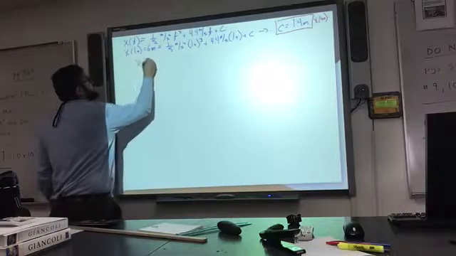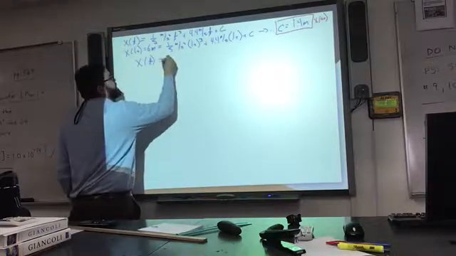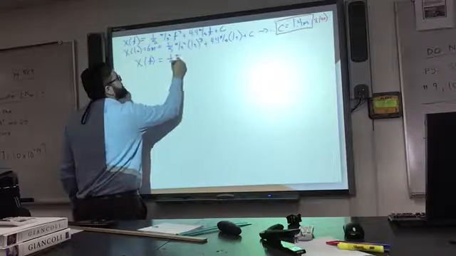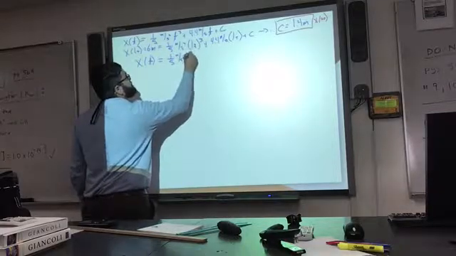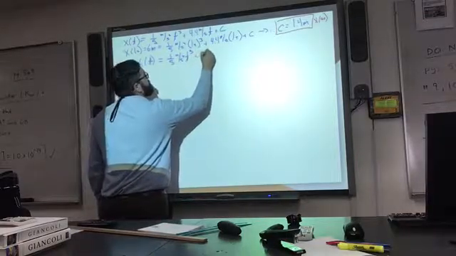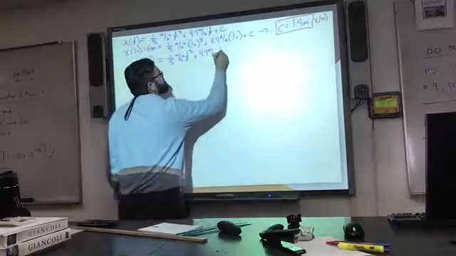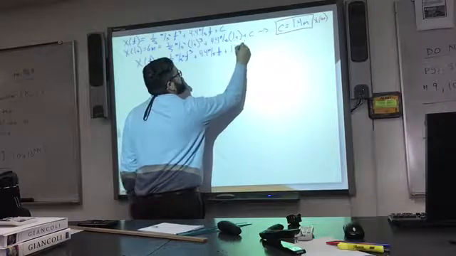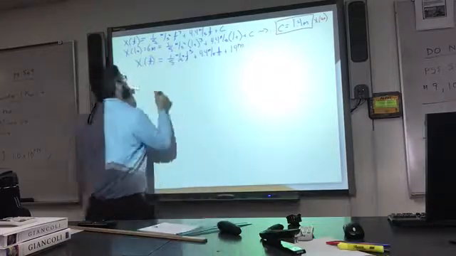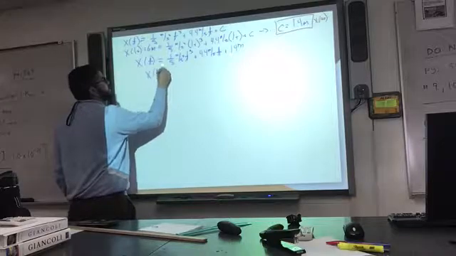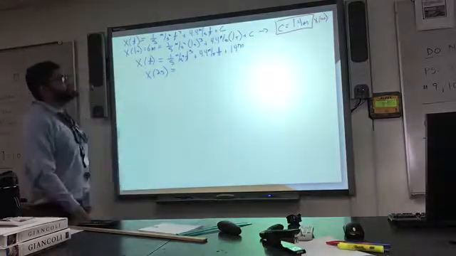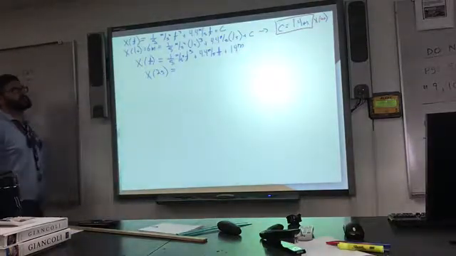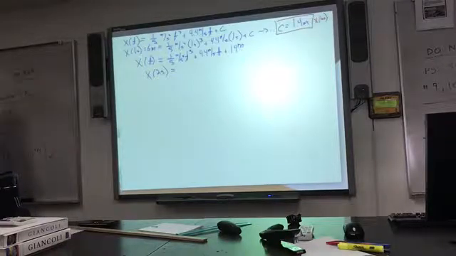So then x of t, and then x at 2 seconds is, let's see, 2 cubed is 8. 8 times 1/5 is 8 over 5, which is, what? 1.6.